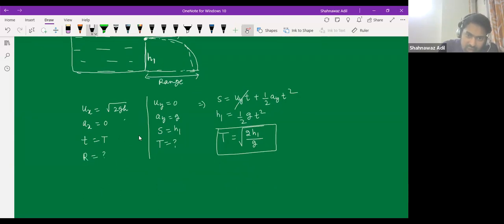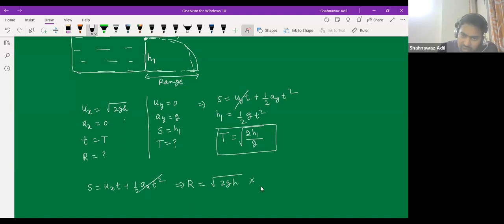Right, so we know that s would be how much? ux t plus half ax t square. So ax is 0, this is cancelled. s is r, that we want to calculate. ux is root gh, and t is how much?